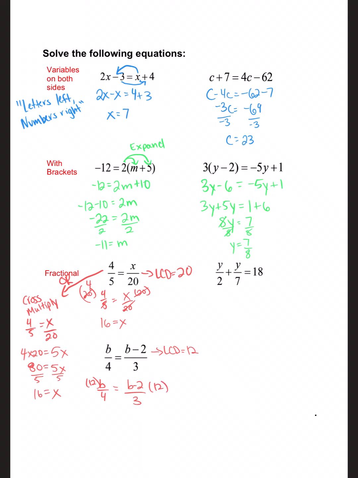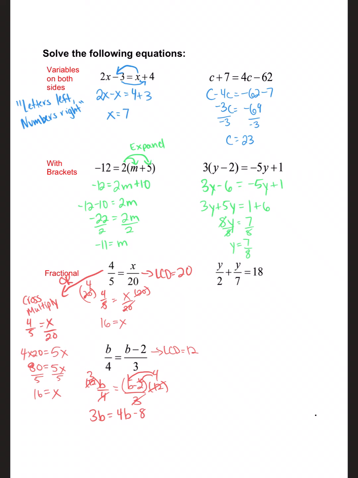Okay, so again, the 12 and the 4 will reduce to 3 on the left, so we'll have 3b. And on the right-hand side, the 12 and the 3 are going to reduce to just 4. So we're going to have 4, and remember, this b minus 2 is in brackets. So we have to make sure that we distribute it basically inside both those parts. So we're going to have 4b, and then we're going to have 4 times 2, we're going to have minus 8.